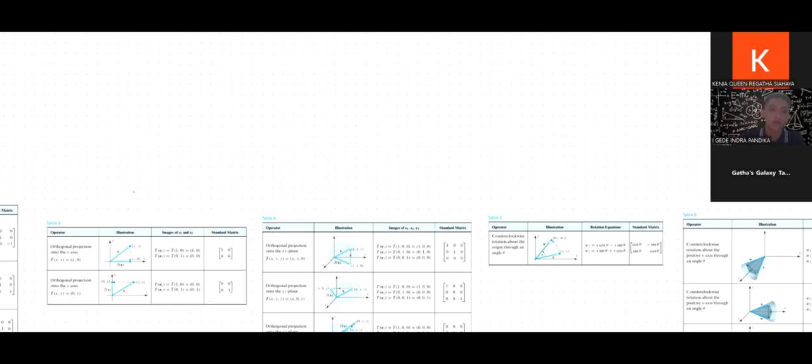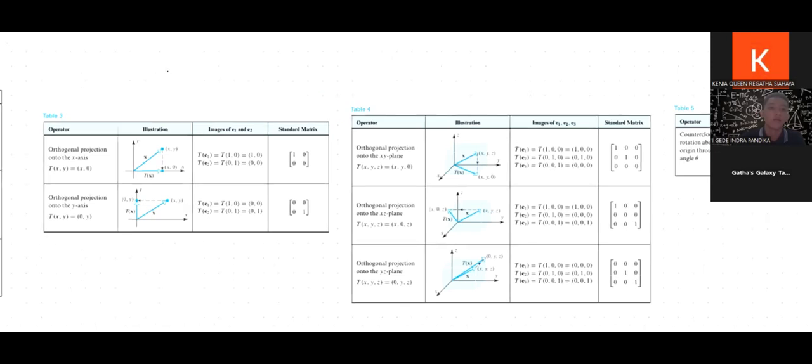So we will explain table number 3. Here we have the operator orthogonal projection onto the x-axis, with the general equation transform T of vector x, y equals x and 0.